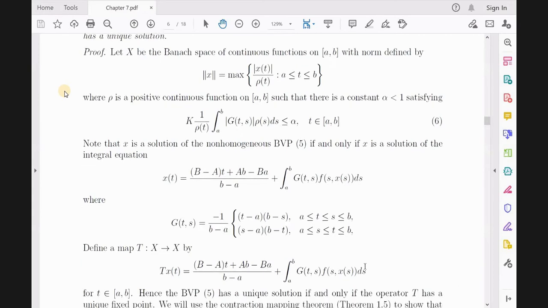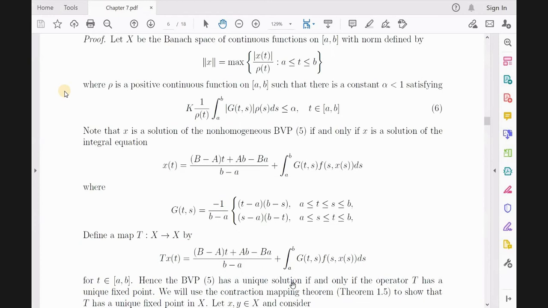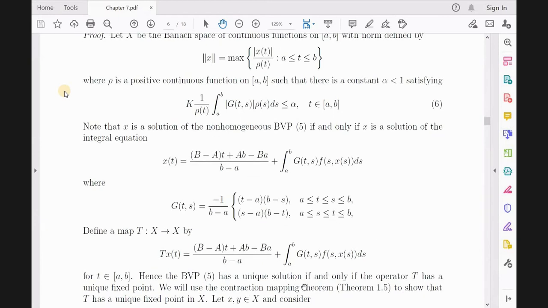So the given boundary value problem has a unique solution if and only if the map T has a unique fixed point. So a fixed point of T is a solution of the integral equation. So you can say the boundary value problem has a solution.